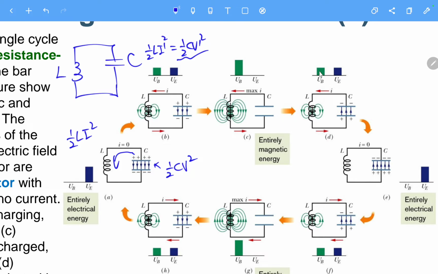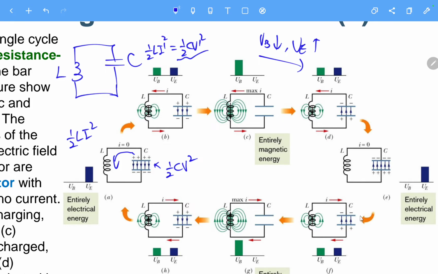In this stage UB is decreasing and UE is increasing. Up to a point UB equals UE, and finally UB becomes 0, and all the positive charge goes to the bottom plate. For these, UE is maximized and UB is 0, but the polarity of the charge is opposite.